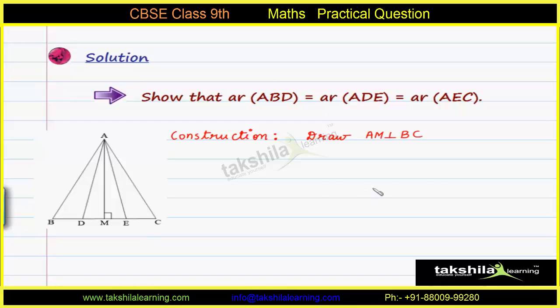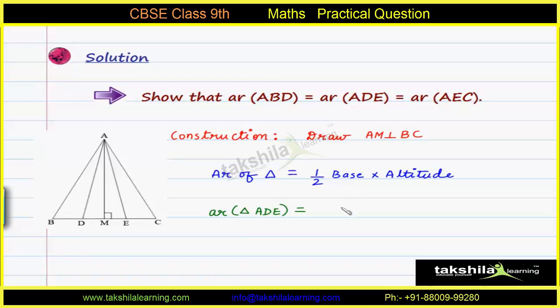Let us prove it. In our key point we have discussed that area of triangle is equal to half base into altitude. So first we will find the area of triangle ADE.